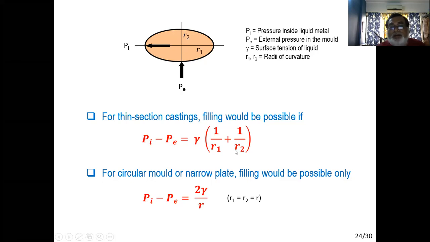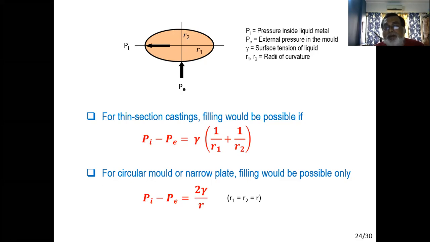So if we want to fill a cylindrical section, we will need some pressure. But if we make it spherical, then it will take double the pressure. Okay, sir, I have understood. No, just think of a plate and think of a circular thing. For plate casting, in this direction, R is infinity.